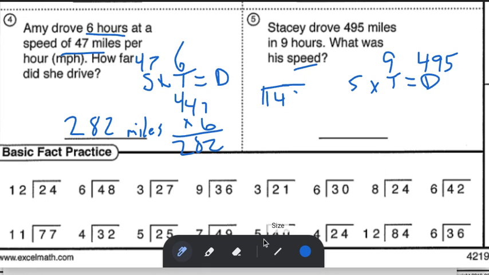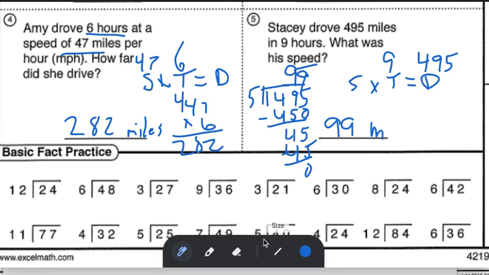So I'm going to do 495 divided by 9. 9 goes into 49 5 times. That's 45. Subtract and get 4, bring down the 5 to get 45 again. And 9 goes into 45 again 5 times, which is 45. Subtract and get 0. And so the answer of the speed is 55, and you can abbreviate miles per hour by putting mph.